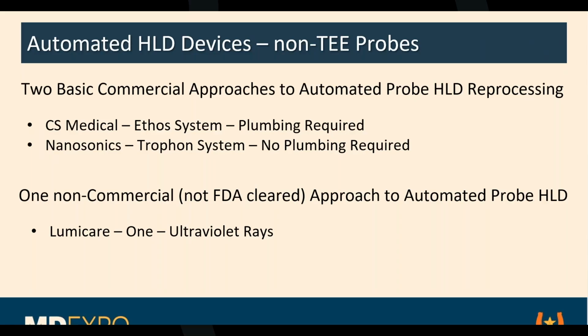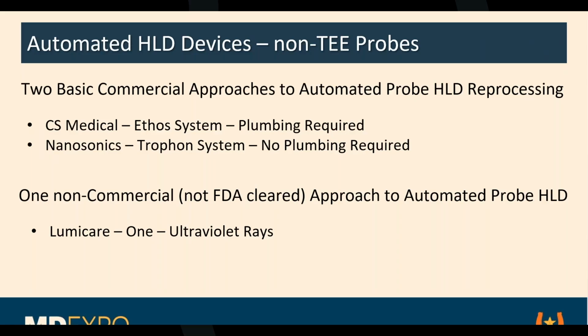And the other device, which a couple of you mentioned, is Nanosonics, the Trophon system. It's no plumbing required, which is attractive, but there are also trade-offs. Yeah, you get cut up when you work on the Trophon, and you can also get a nice burn if you aren't paying attention.